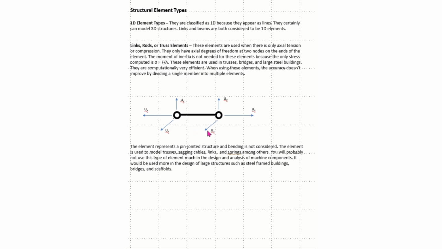So again, in machine components, I would encourage you to use beam elements in most cases and not use rods or links. But if you're modeling really large structures or where there's a high number of elements and degrees of freedom, you can use these to keep the number of degrees of freedom down to a workable size.